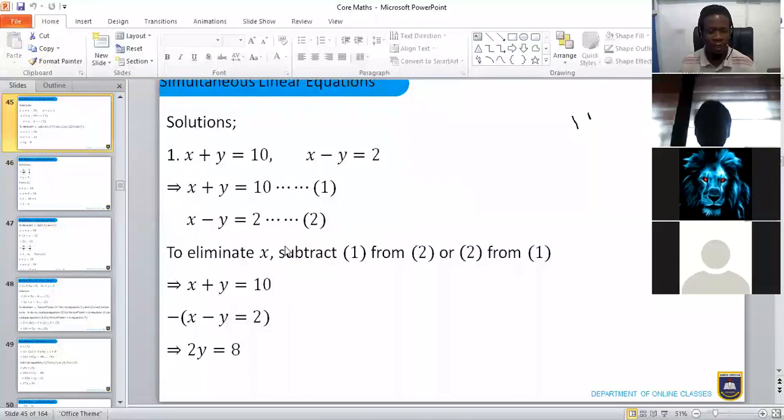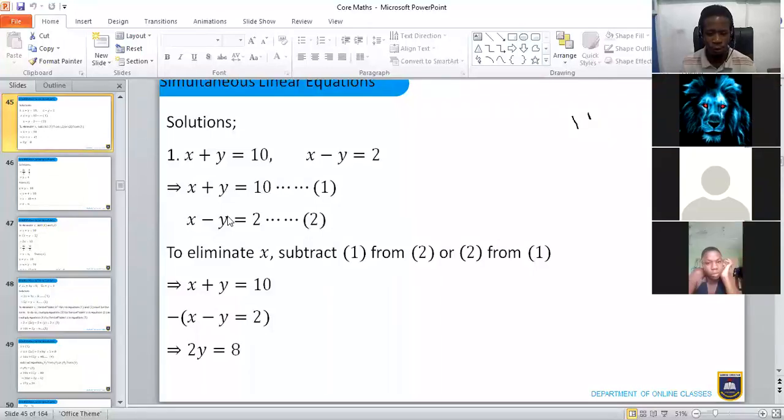So since the coefficients of x in equation 1 and 2 are the same, what do we do? We subtract, because we want to eliminate.